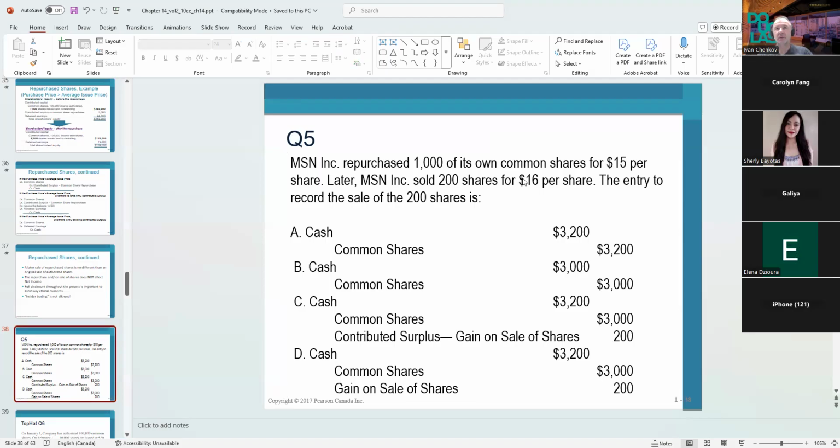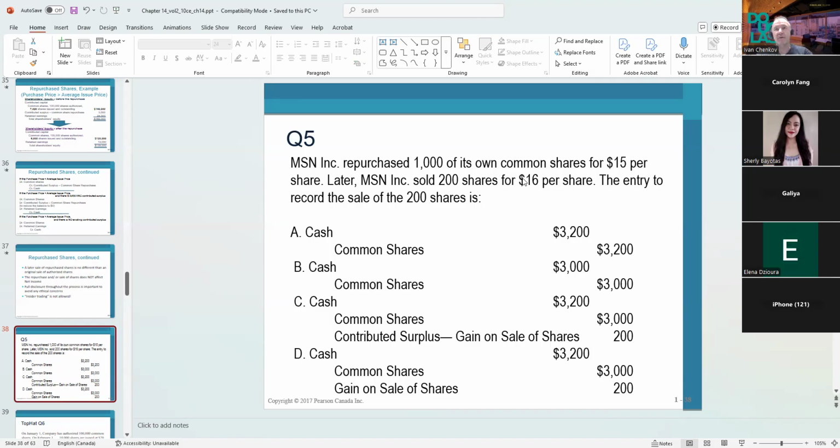So we're selling 200 shares and we're getting $16 per share. So how much cash do we get in total? $3,200. What's the total amount of the common shares that we're going to issue, of the 200 shares? $3,200.